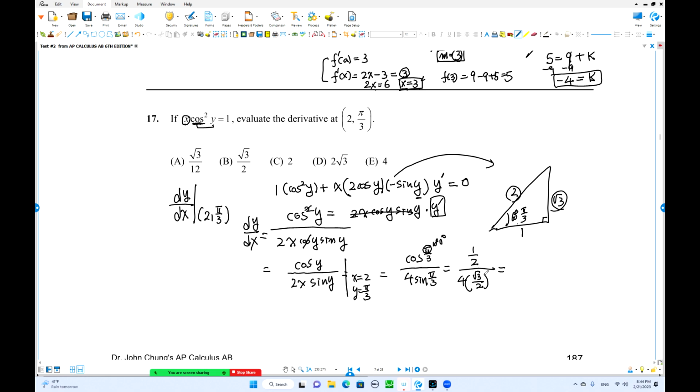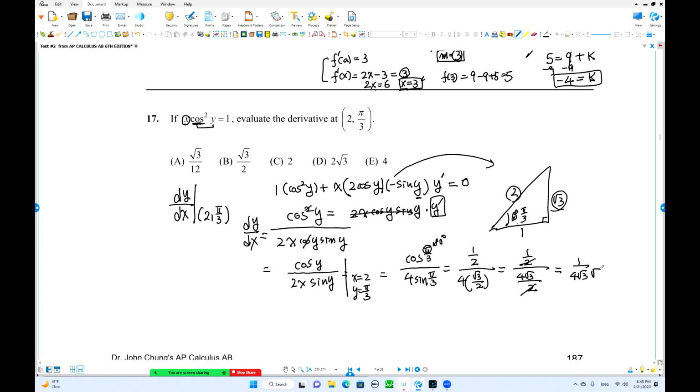So this one is what? 1 over 2 over 4 radical 3 over 2. The common denominator cancels out: 1 over 4 radical 3. We can't leave this, so rationalize, because we have an irrational denominator.